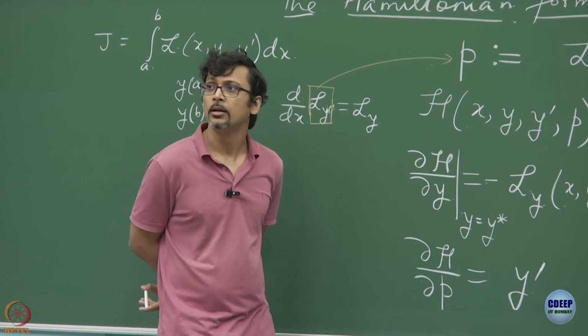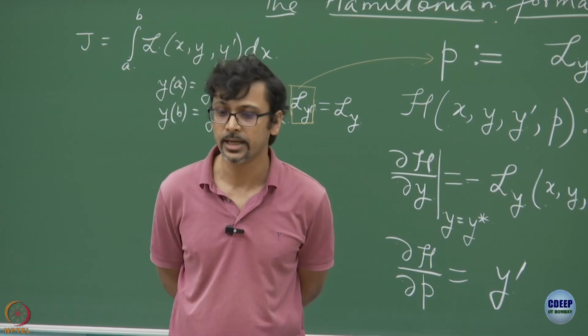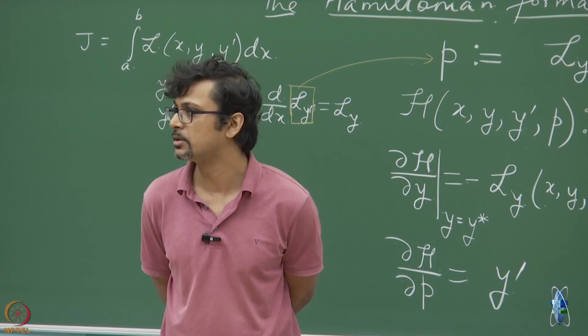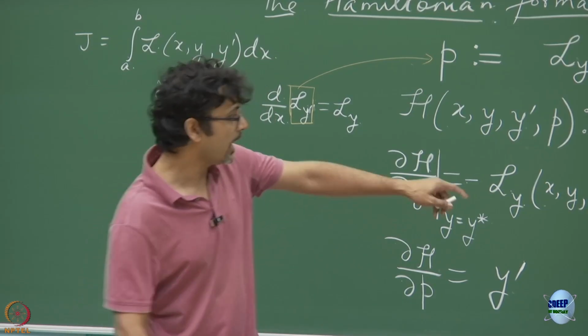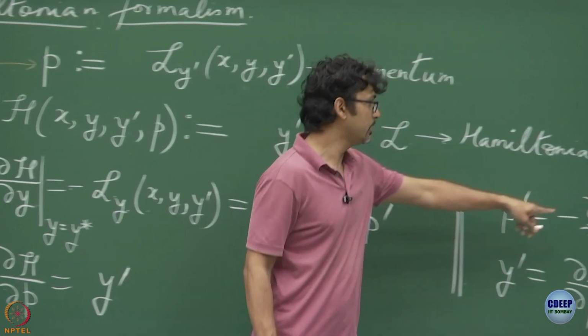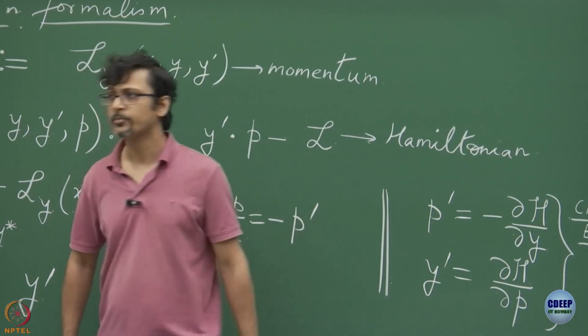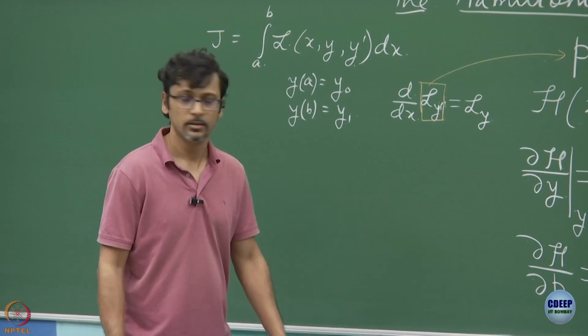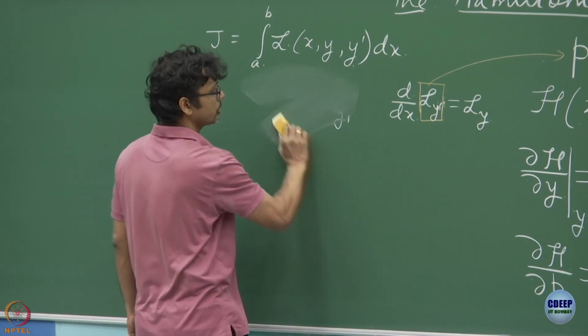Because remember, the conditions we had there were, in one case the momentum was conserved, in the other case the Hamiltonian was conserved. So now that we have these equations and we have these dependencies in terms of the Hamiltonian, we should be able to see them more clearly. Yeah, we should be able to revert back to those conditions again.